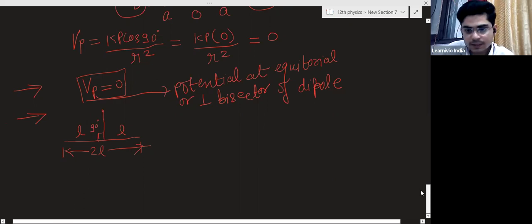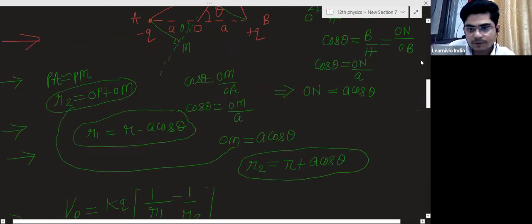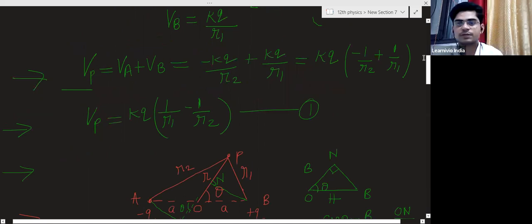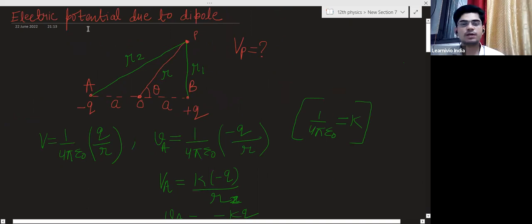So from here, what we have studied is the electric potential due to the electric dipole at any location theta. Okay, for any location theta, we have calculated the electric potential.